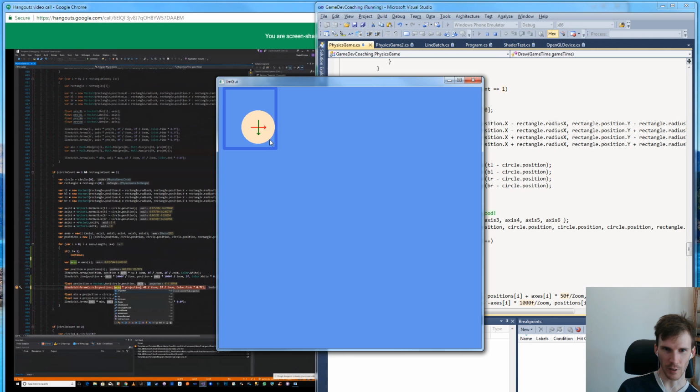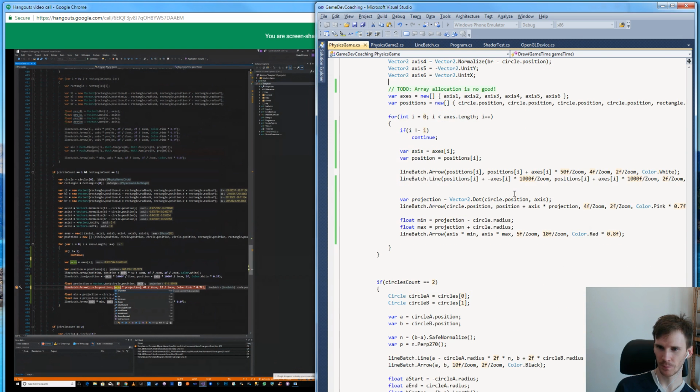You can see if we draw it around the origin, we're correct. So we've got the offset slightly wrong, is the only problem.